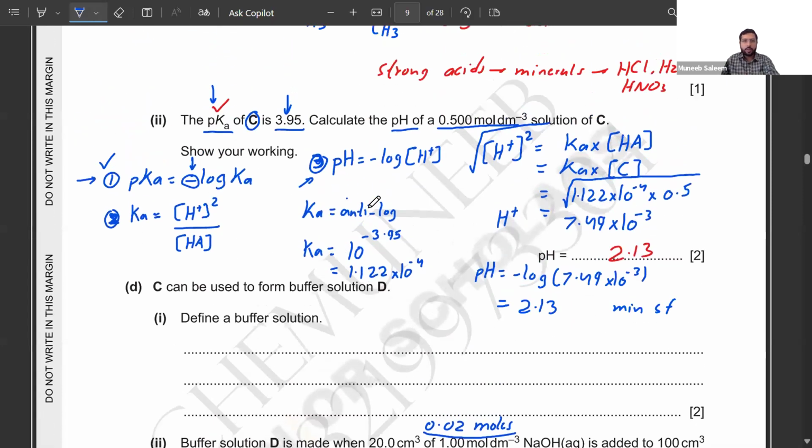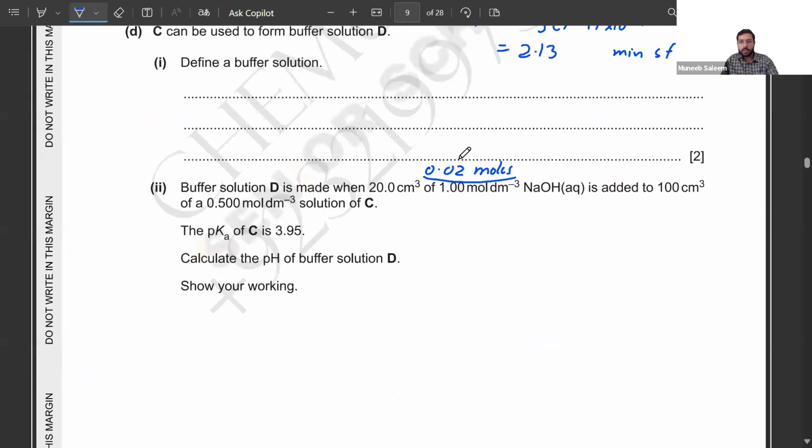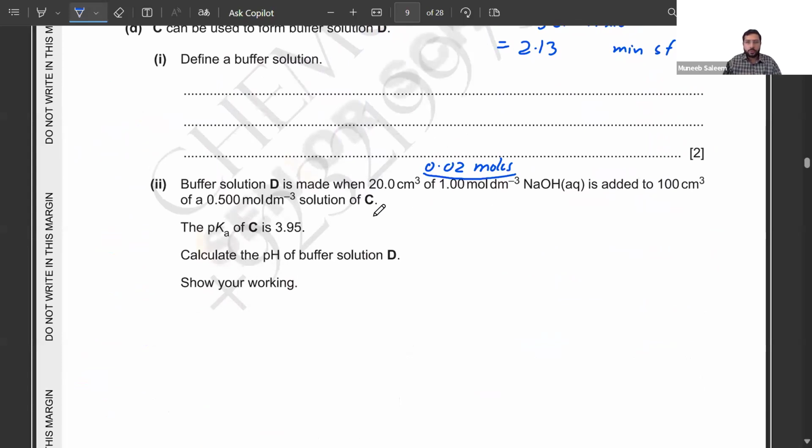And the moles of the solution C. Now you remember that C was basically this acid, and the acid must be reacting with the NaOH. So the moles for the acid should be calculated from here. We have n is equal to C into V over 1000.